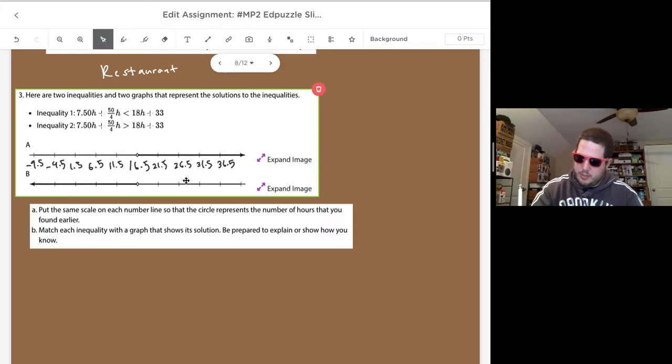So this one up here is above. If you're working more hours, which place was it better to work at again? It was better to work at the restaurant. So when the hours are greater than 16.5, we want to work at the restaurant.